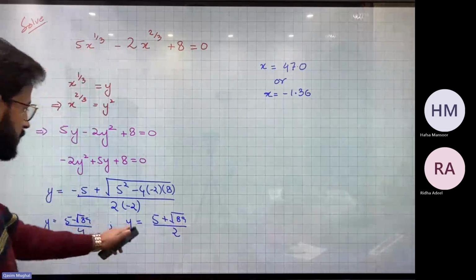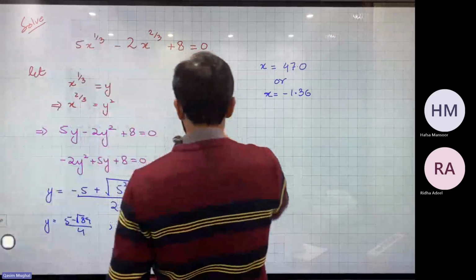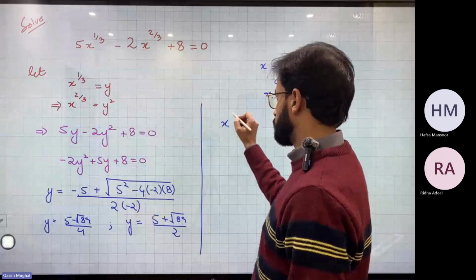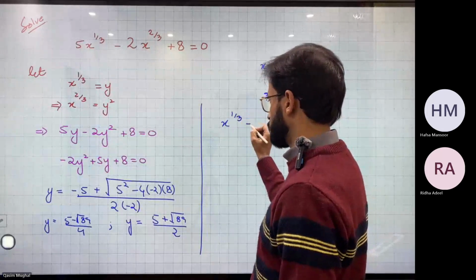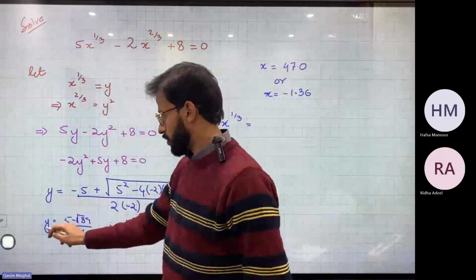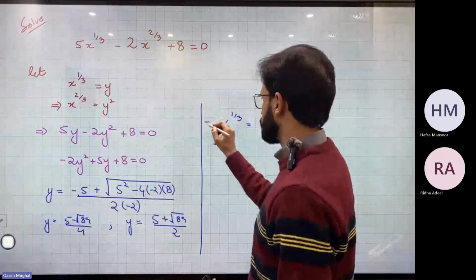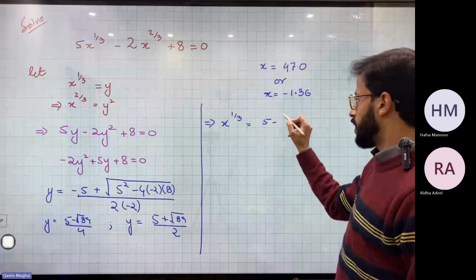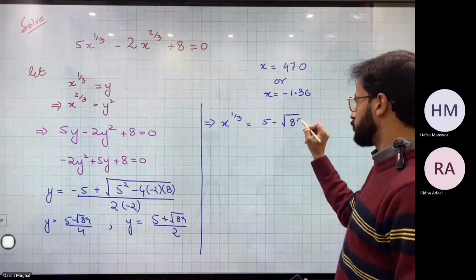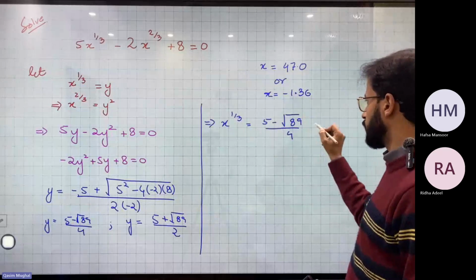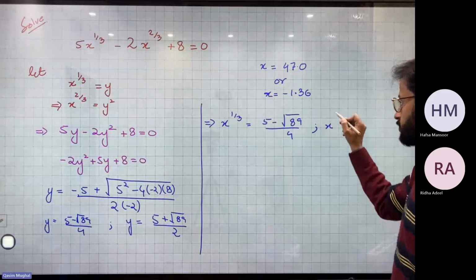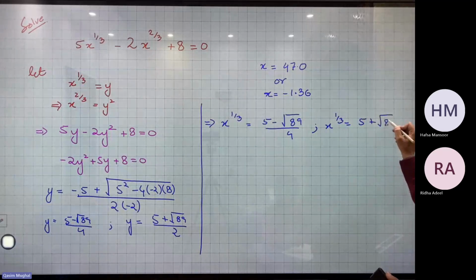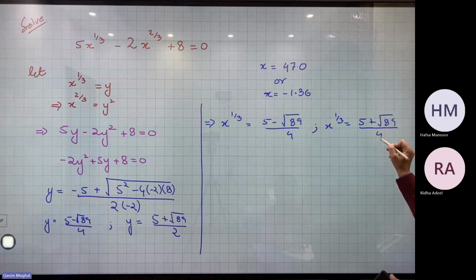Now you replace these two variables y with the original ones, which were x power 1 by 3. So y was equals to x power 1 by 3. So x power 1 by 3 equals 5 minus root of 89 over 4, or x power 1 by 3 equals 5 plus root of 89 over 4.